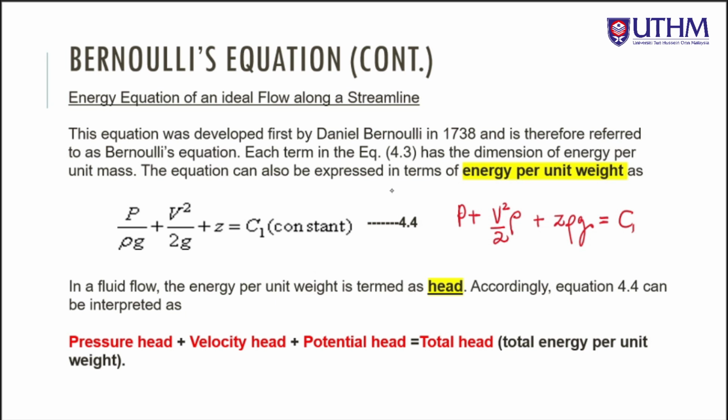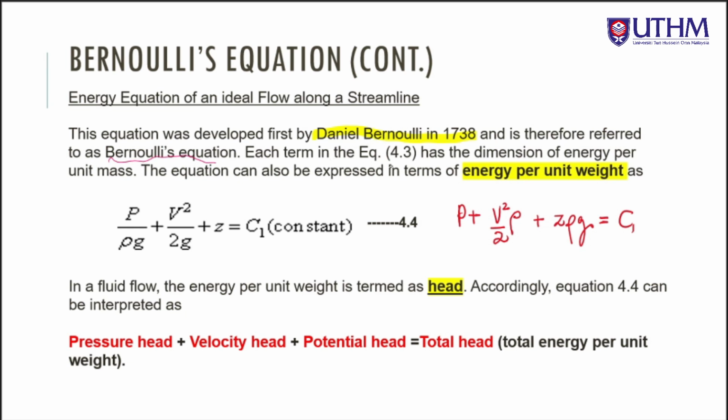Okay, so back into history, the equation itself was developed by Daniel Bernoulli in 1738 and is therefore referred to as the Bernoulli equation. So the Bernoulli equation takes from the creator's name lah, Daniel Bernoulli.